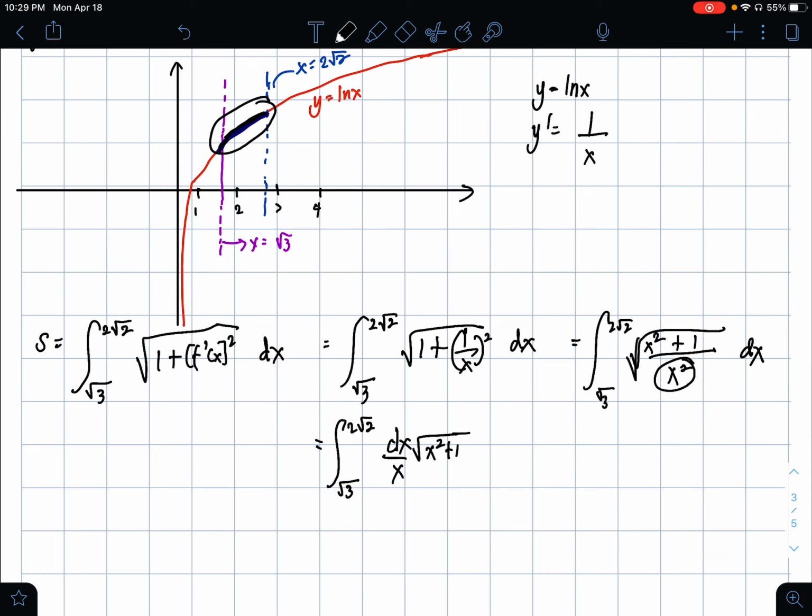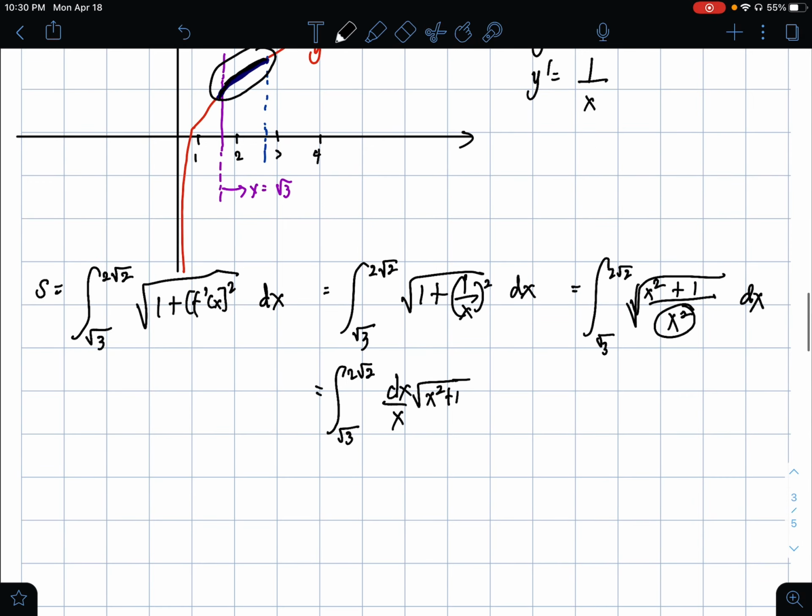Okay, and using the u substitution, actually I think we can use the u substitution to find it. So u is equal to, so that can be x dx. Okay, I am giving you the authority to use your calculators.